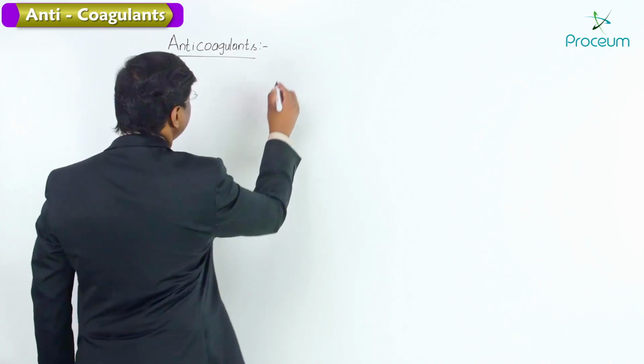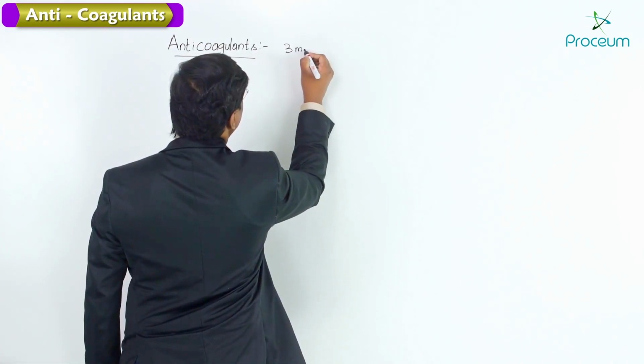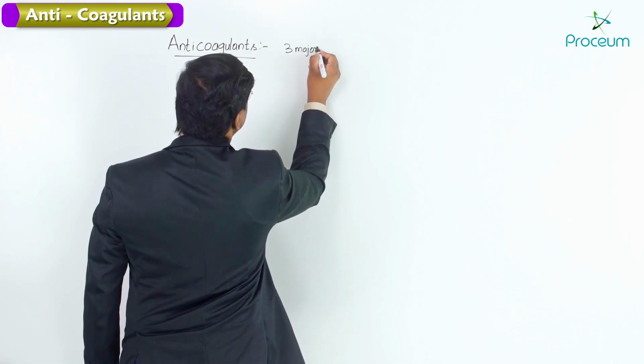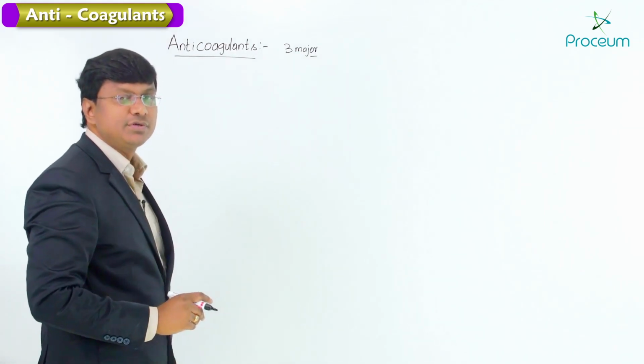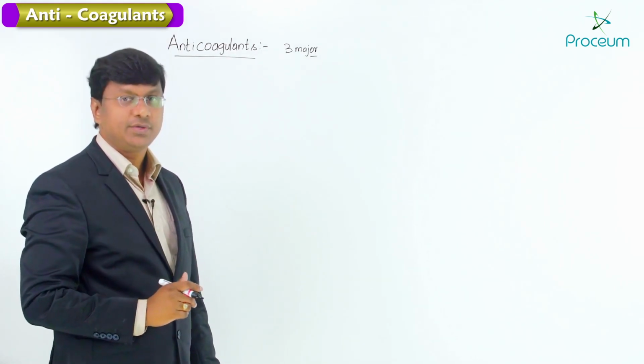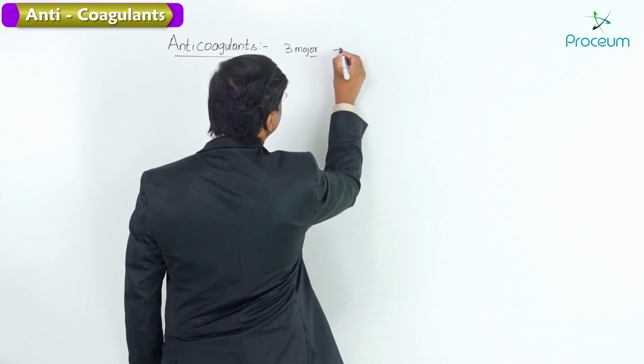Now, what are these particular drugs? Let me discuss. There are three major groups of anticoagulants. What are the examples of these three major groups? Number one, we have the Warfarin group.